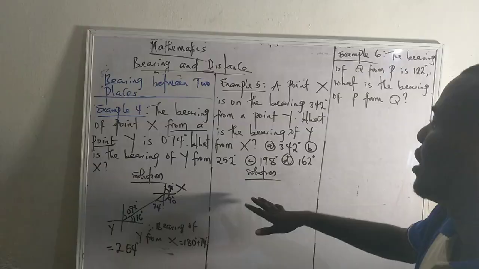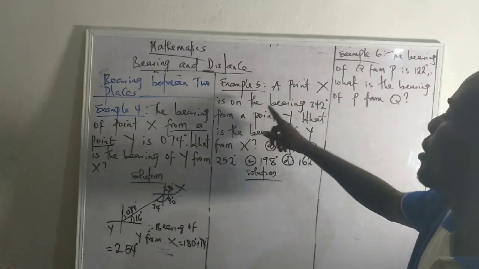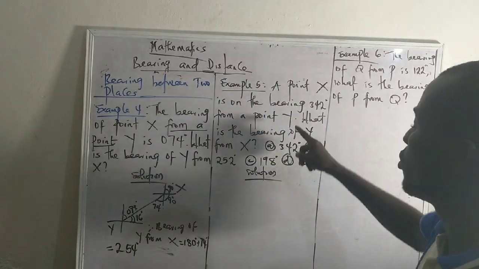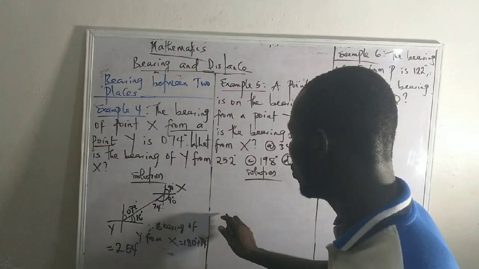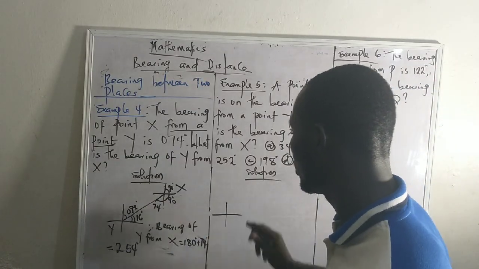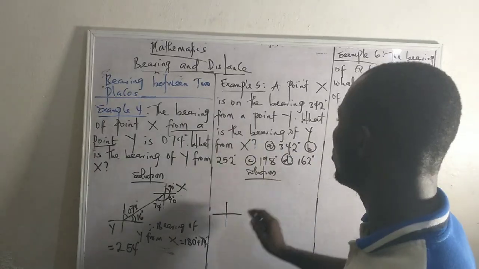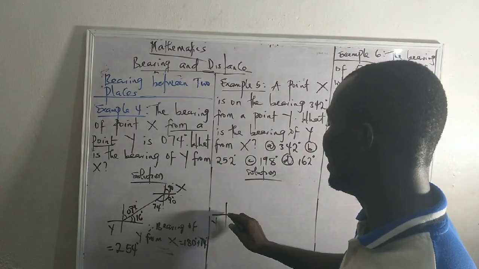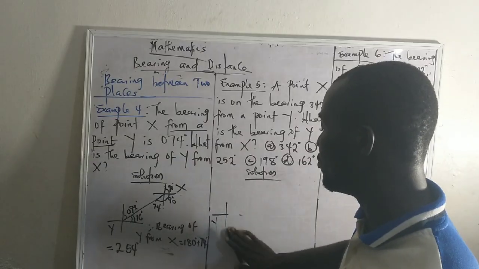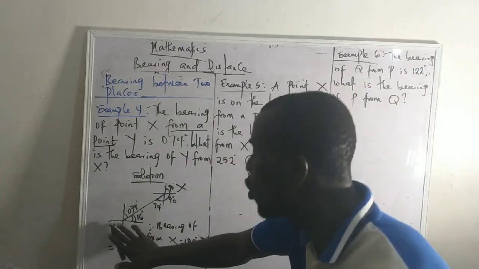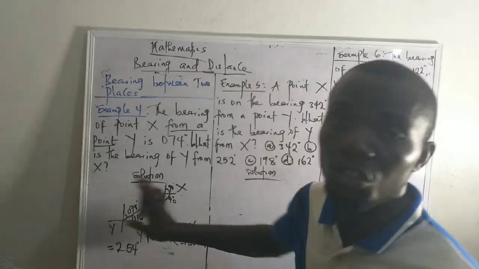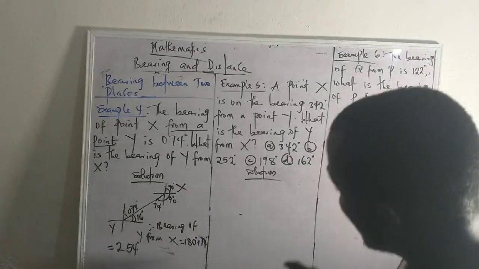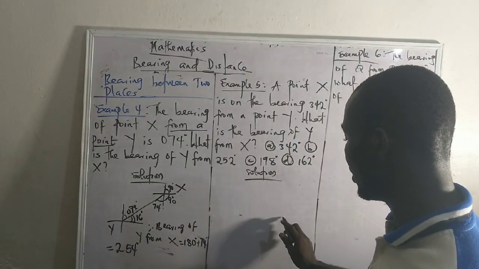This is another case. Say a point X is on the bearing 342 from a point Y. Again, you draw your figure. This is your Y. From point Y, and then the bearing, actually I've discovered that it's not going to come this direction, it's going to go the other direction. So it is very important that I draw from here.